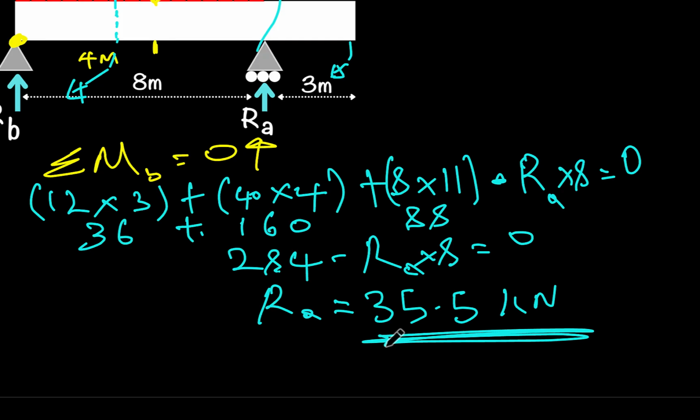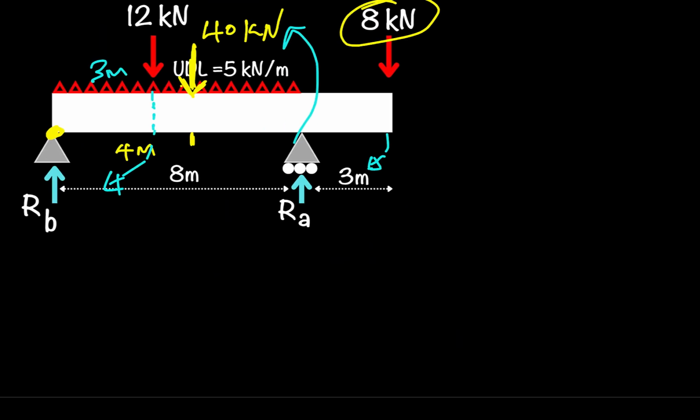And we're now going to find what RB is. So for RB, we're simply going to say the sum of our vertical forces should be equal to 0. And we're going to take forces going upward to be positive. So if you want, you can just simply add up all the forces going down and add up all the forces going upwards, and they should be equal.